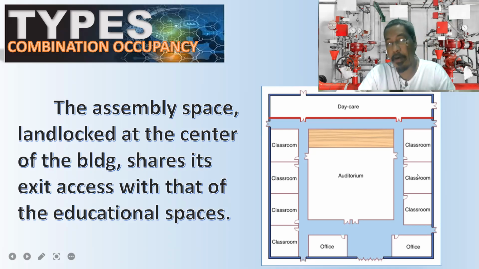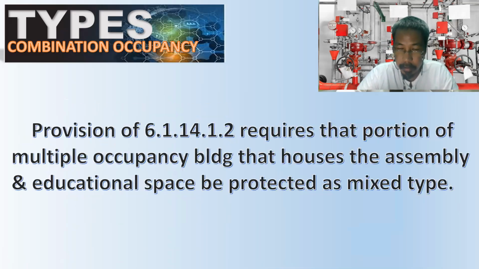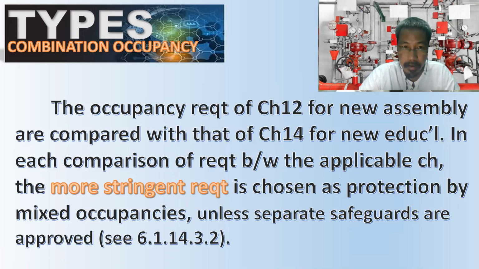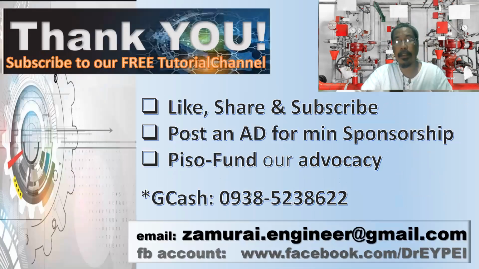So also find out how to use this type of doors, and use the most stringent requirement of those applicable chapters. And by that, again, this is Dr. DrEYPEI, teaching engineering for nation building.